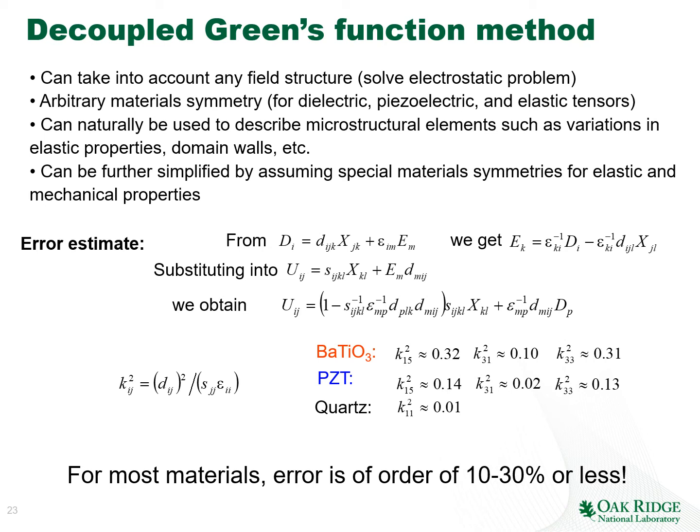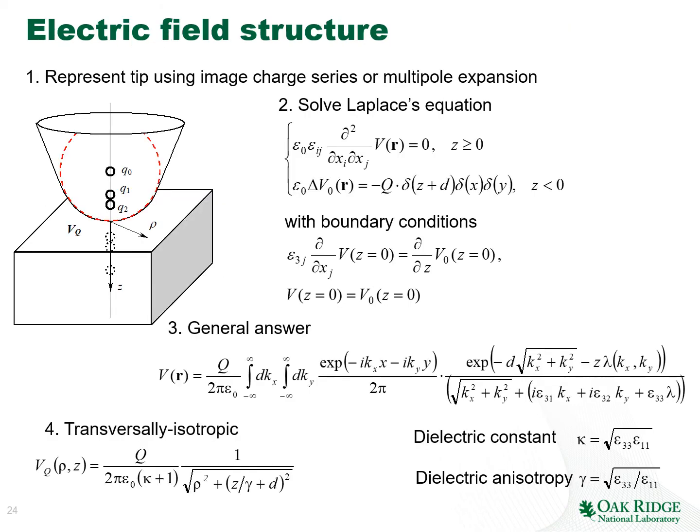It turns out that for materials such as barium titanate or PZT, the error is somewhere between 10 and 30%. For weakly piezoelectric material, the error is of the order of 1%, which basically means that this theory is not exactly precise. We still have 10-20% error, but at the same time, it is actually pretty good for such a complex problem. So this is how we proceed.